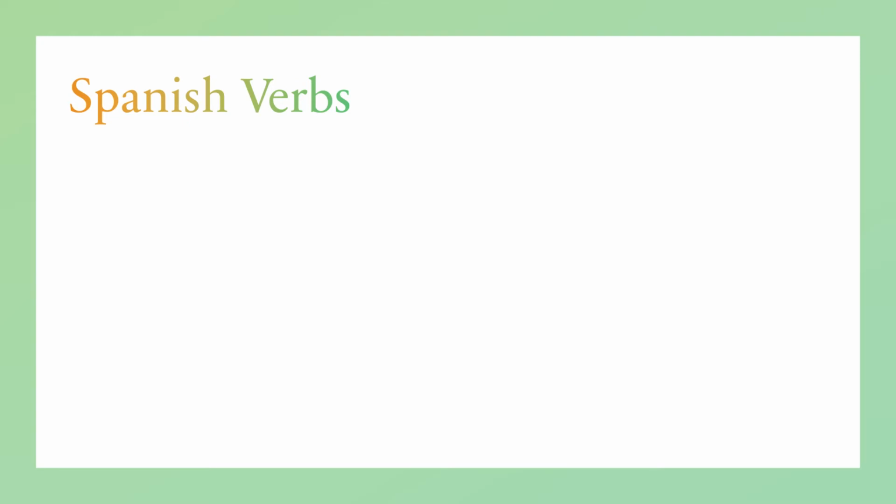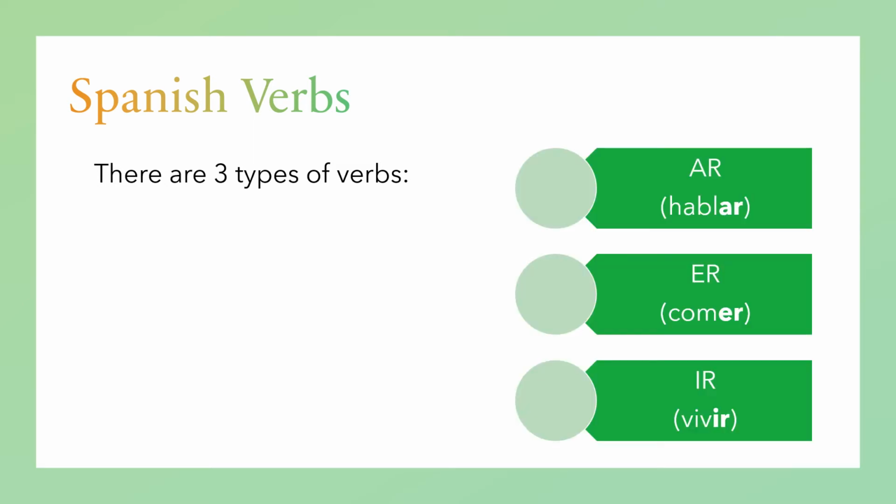So let's just talk about what these verbs are and how they look when you see them. There are three types of verbs in Spanish. There are AR, ER, and IR verbs. And I think it's fairly obvious when you look at it, but when you have a verb that ends in AR, or ER, or IR, those are verbs and they are AR, ER, or IR based on what that ending is.